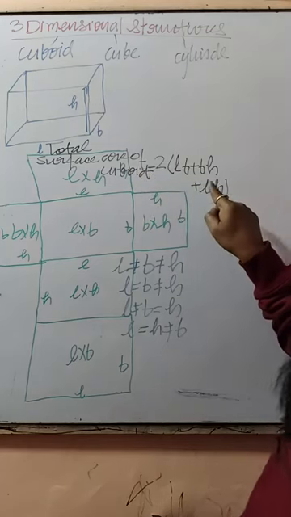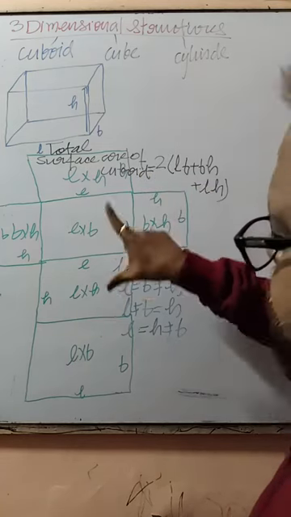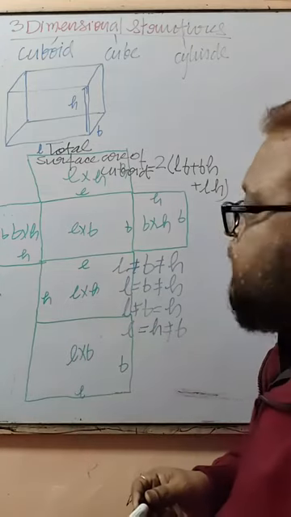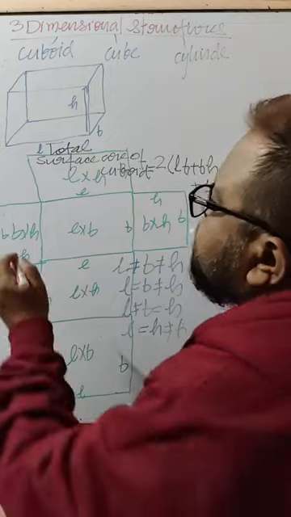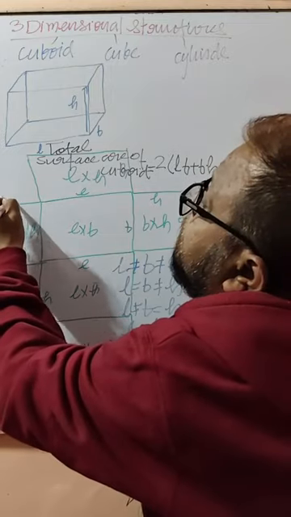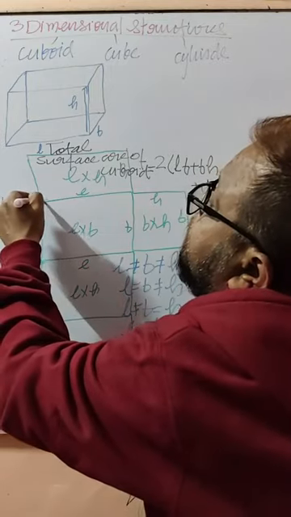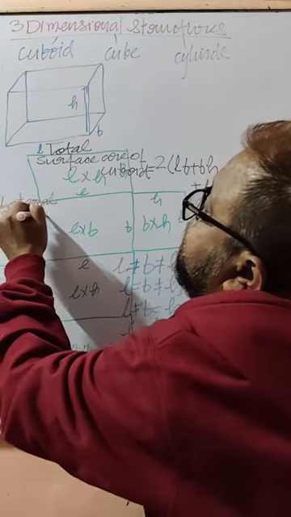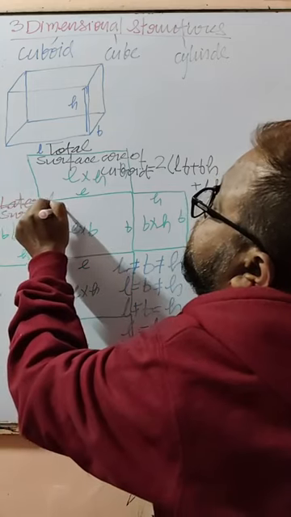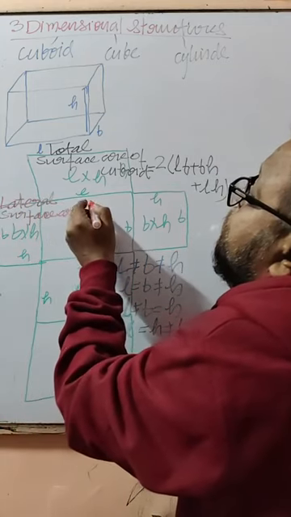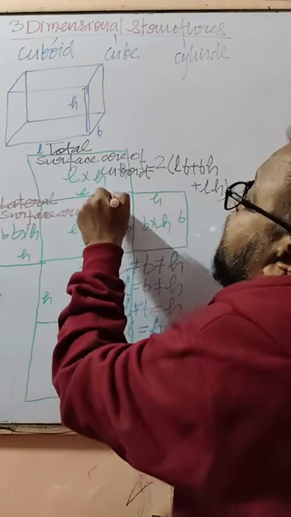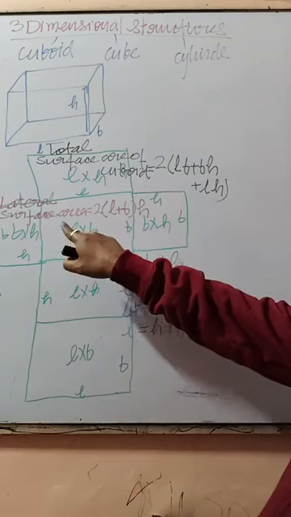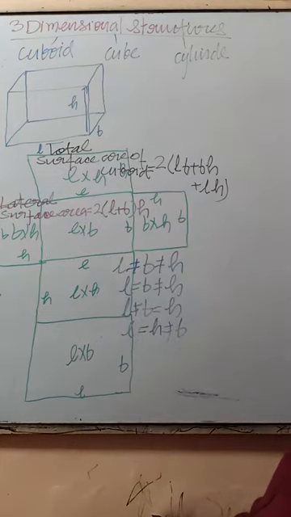This is the total surface area. Lateral surface area के लिए we will remove this, right? And lateral surface area is equal to 2 bracket L plus B into H. This is lateral surface area, right?